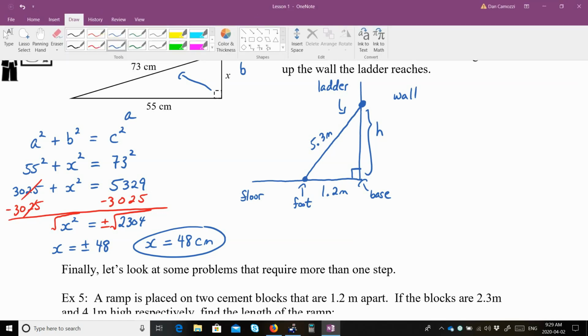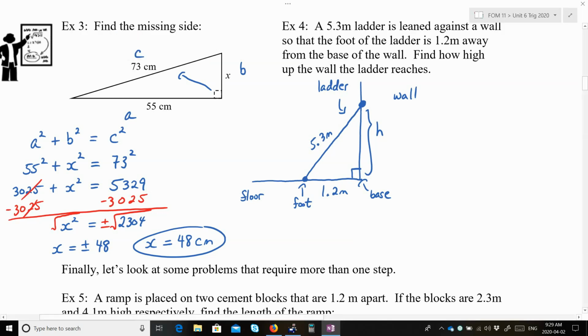Okay, so now that we have our triangle, we know two sides of the triangle, and it's a 90-degree triangle, and we know that across from the 90 degrees is C, the hypotenuse.